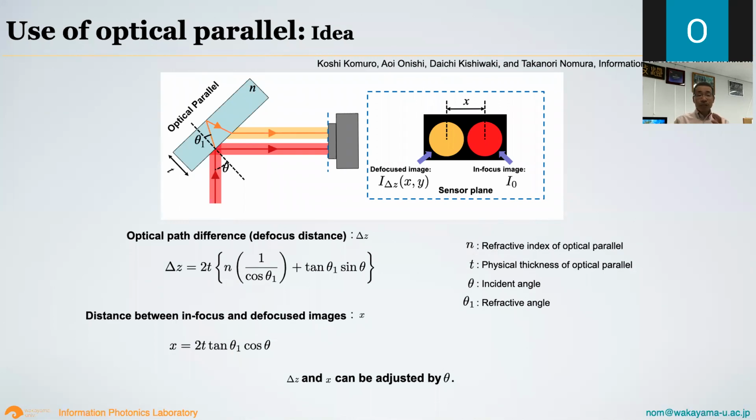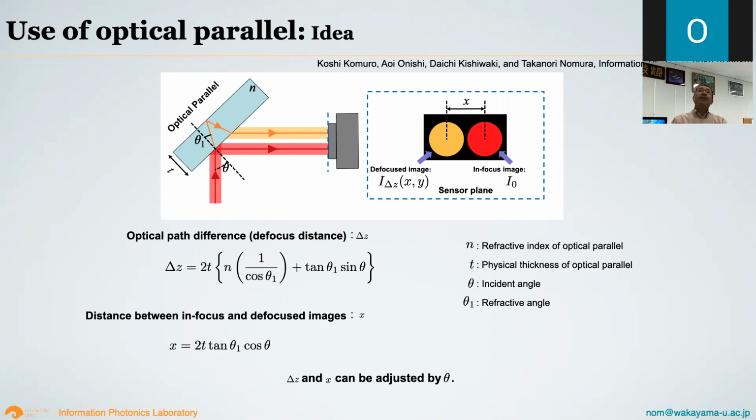So we can adjust X and delta Z by the refractive index N and physical thickness T, but it is not practical because the optical parallel is fixed.